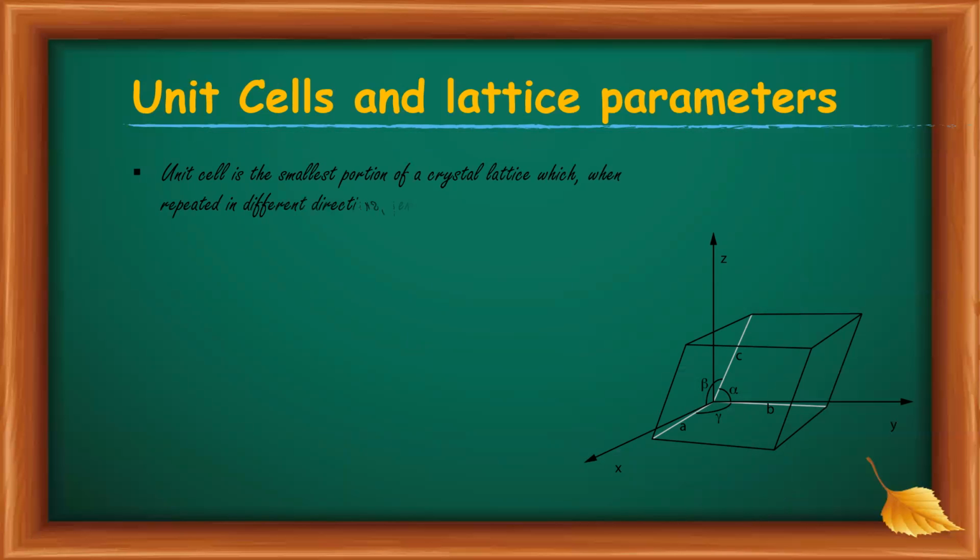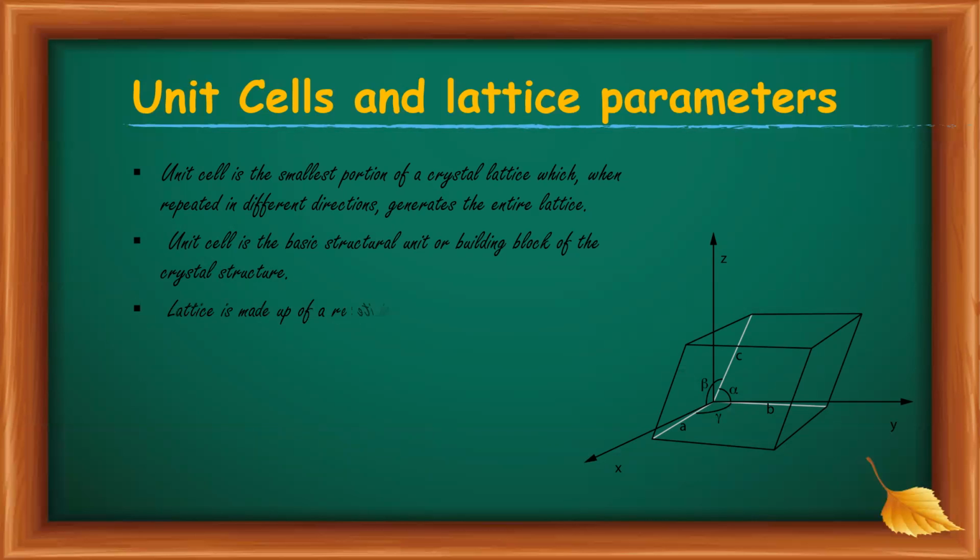So the unit cell is the smallest portion of a crystal lattice, which when repeated in different directions generates the entire lattice. The unit cell is the basic structural unit or building block of the crystal structure. The lattice is made up of a repetition of unit cells.